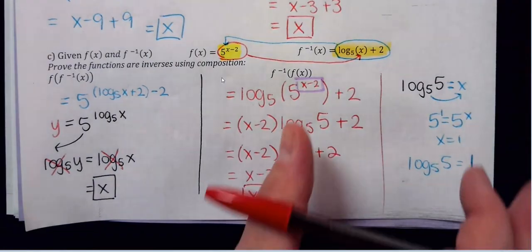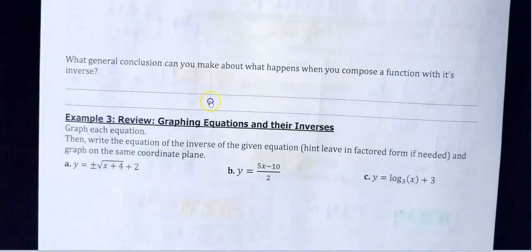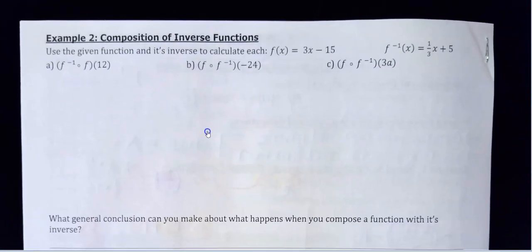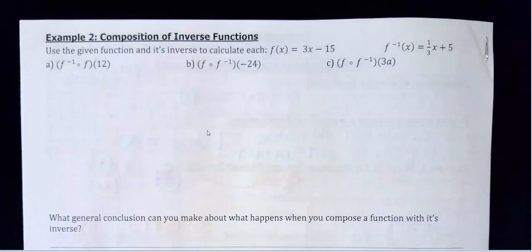Okay. Now, I'm not going to do example 3. We're just going to finish up with example 2, and then I'm going to cut some problems off your homework today. But I'm going to have you do some composition with numbers, and these are inverses of each other.